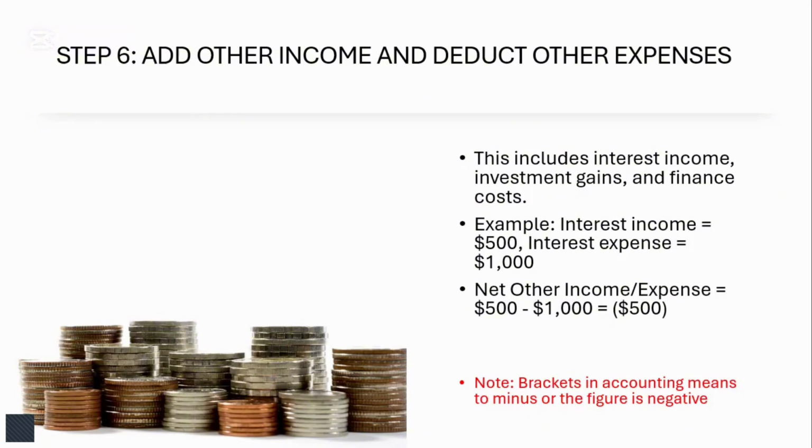Here we have interest on our investment income of $500, and we could also have borrowed money and incurred interest on it, in which case we will have an interest expense of $1,000. So our net amount is revenue of $500, minus our expenses of $1,000, to give us a negative amount of $500. Please note that if you see anything in brackets, that means it is a negative figure.